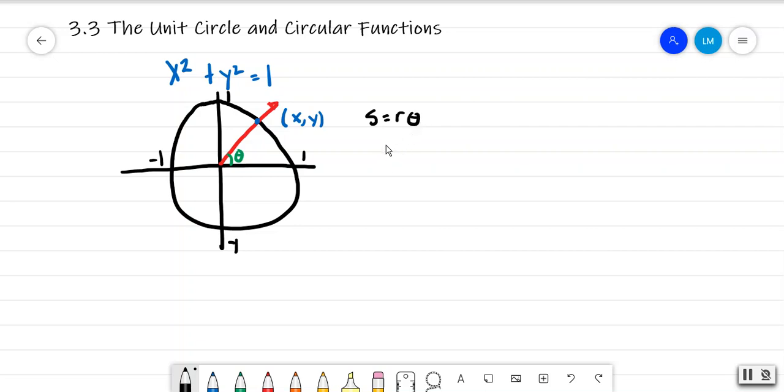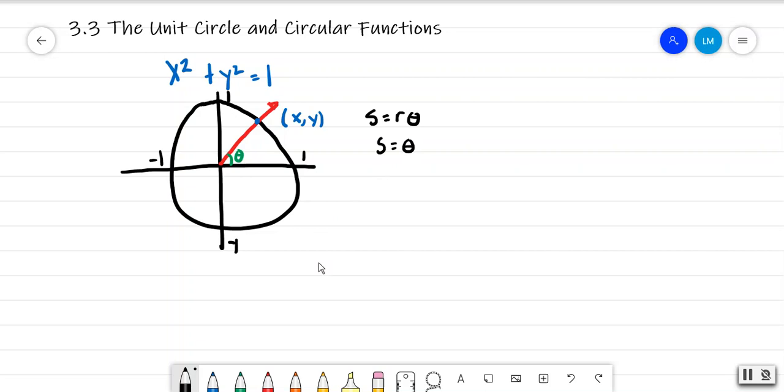But here, notice that the value for r is actually going to be 1. So that means that s is actually equal to theta. Okay, well that's kind of interesting.